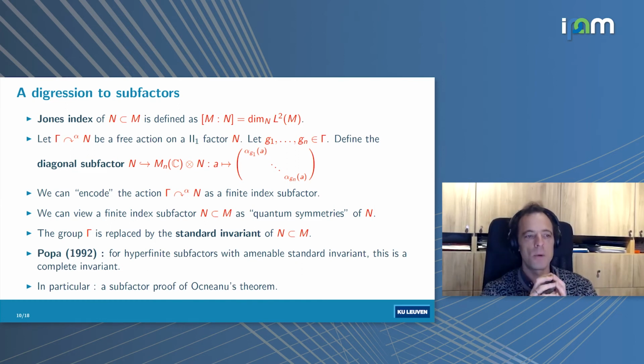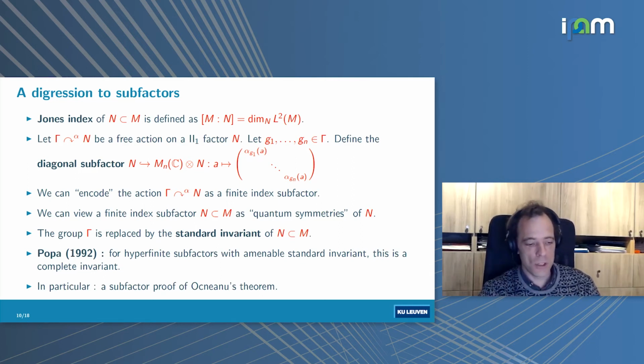The reason I'm stating this here is that Sorin Popa's proof for classification of subfactors with amenable standard invariant, applied to this diagonal subfactor, really gives you another proof of Ocneanu's theorem. So there is really content here, yeah?